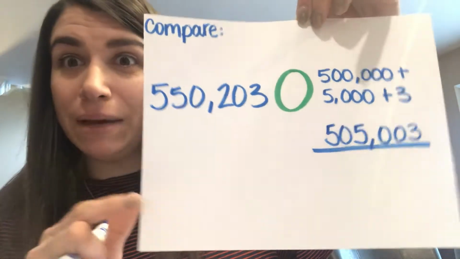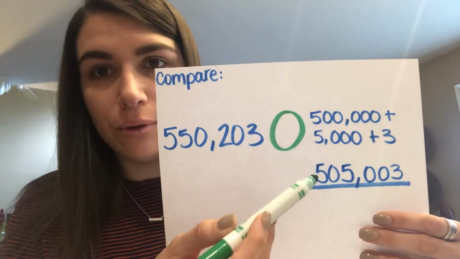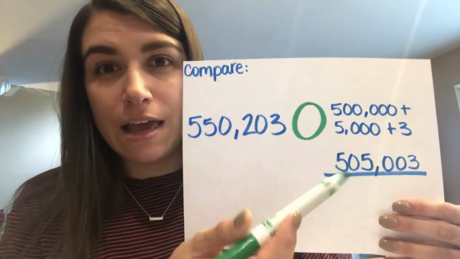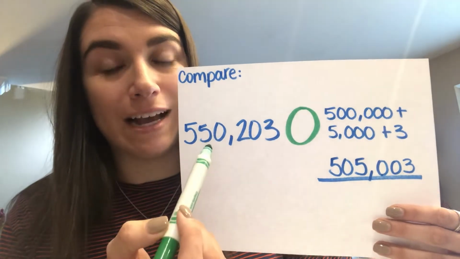So now I can compare them. I can look and see where they change. So I start at the biggest place value, which here is the 100,000s. Both of those have a 5, so that's okay. They're the same, so I'm gonna move over to the 10,000s place. The 10,000s place in this number has a 0, and this number has a 5.